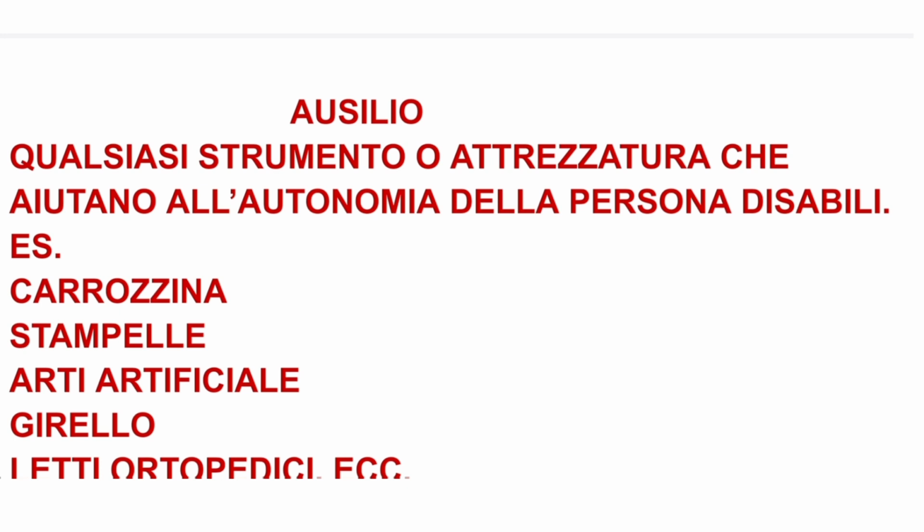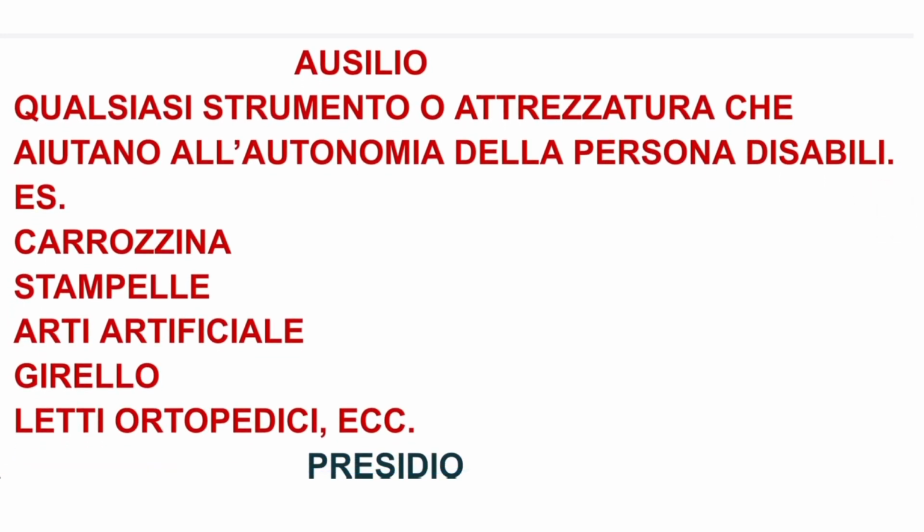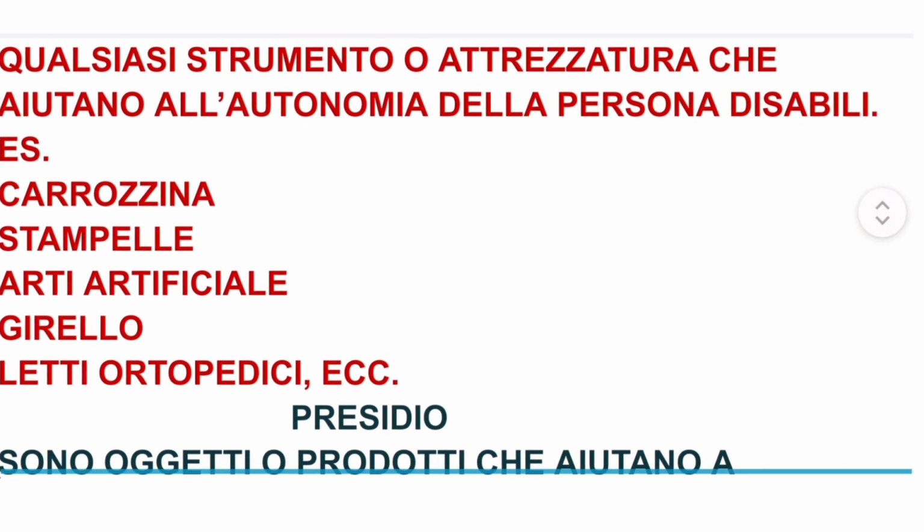So let's look at some of the examples. Examples I've written here. We have the carrozzina, we have stampelle, we have arti artificiali, girello, letti ortopedici, etc. So these technical aids, they are the wheelchairs, the walking sticks, and also the artificial limbs, and also any tool or anything that can help the person to perform activity or to perform movement.